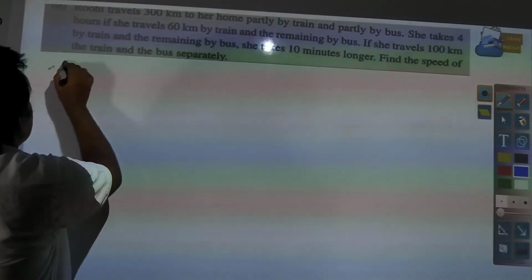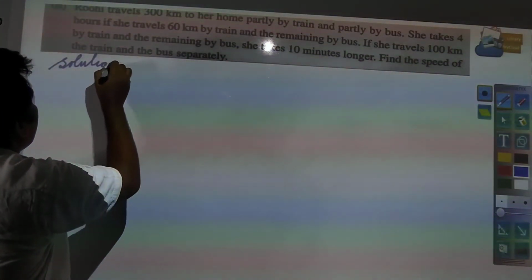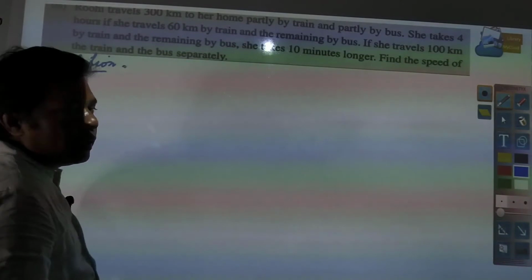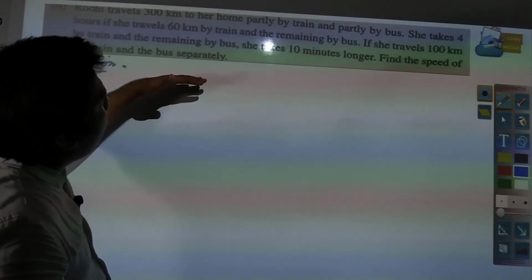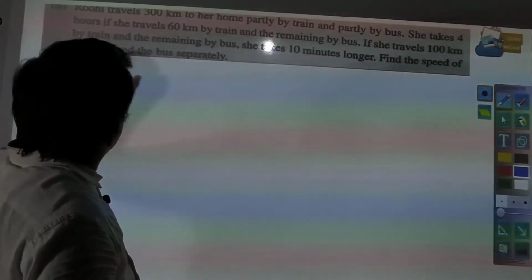So here you see how we will solve. First of all, you try to understand the question, and before that just you assume, find the speed of the train.